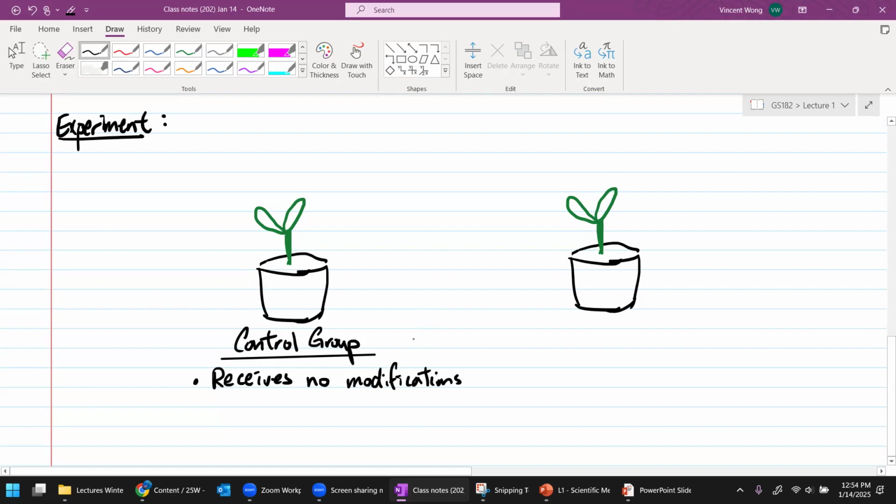This is just as is. And the purpose of having a control group is to provide a baseline or a reference for comparison.